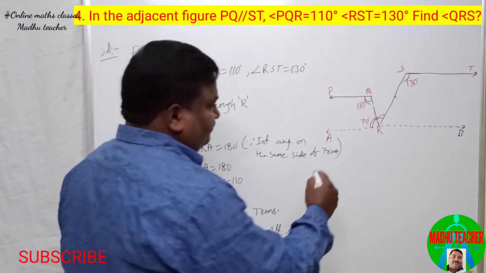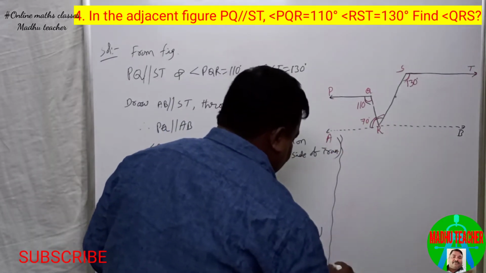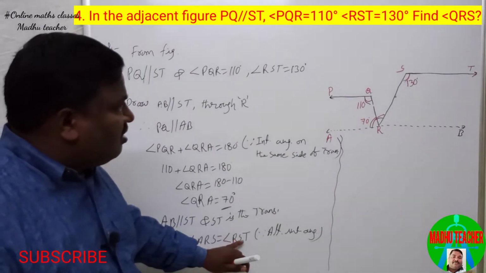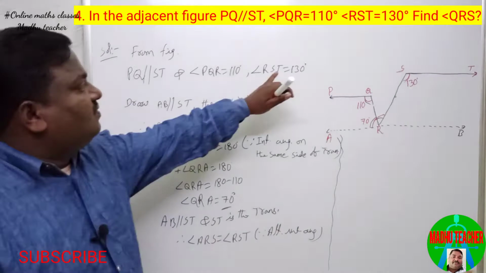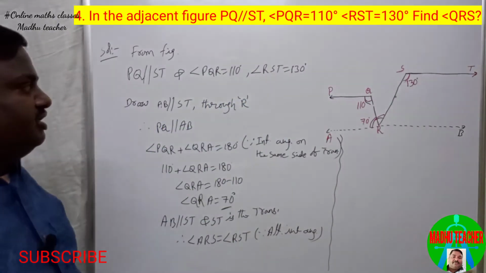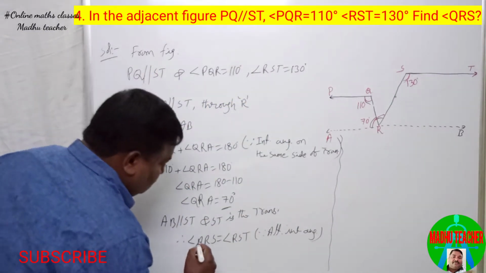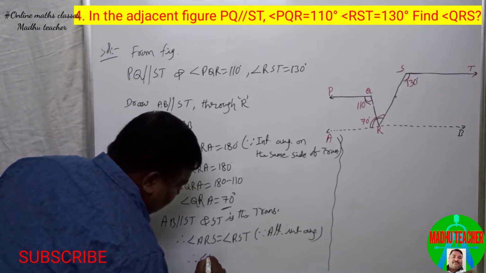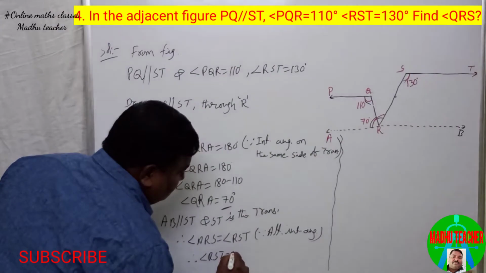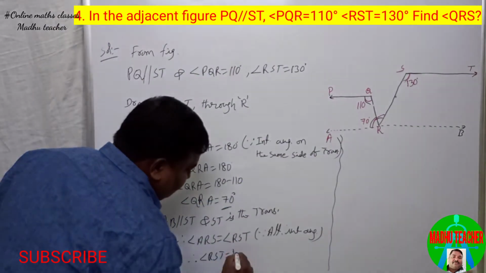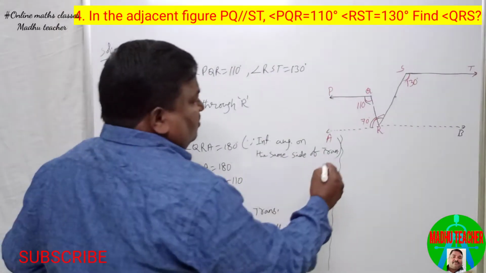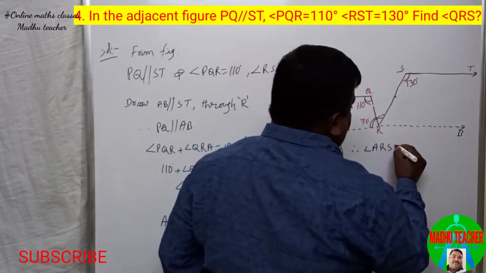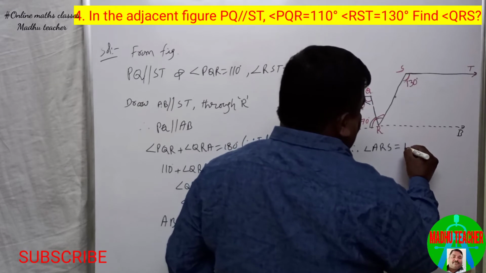We know that RST is 130 degrees, which is given in the question. Therefore, angle ARS equals 130 degrees.